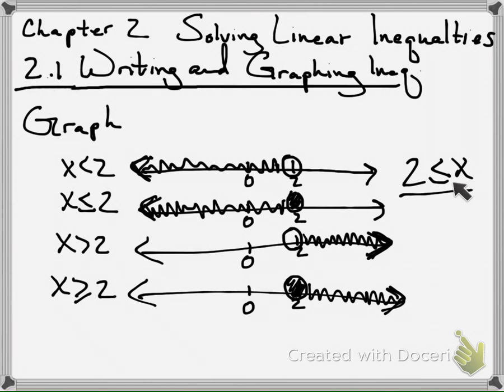I want to say x is greater than or equal to 2. So I want to shade the numbers that are greater than or equal to 2. So that would be this bottom one down here. It would be that one. Okay, so just be careful when they switch up where the variable is on you. Just read it from the variable side.